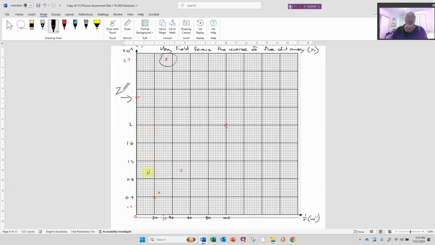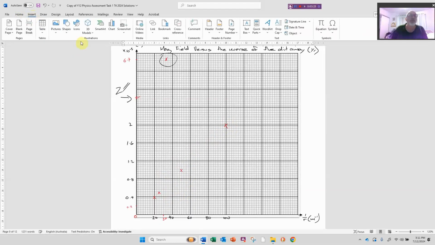All right, so from there, I've graphed 100 and 2 by 10 to the negative 5. So that's this one here. Then I've gone for the 50 and the 1 by 10 to the negative 5, and you can see that looks fairly linear. So the next part says draw in a line of best fit.